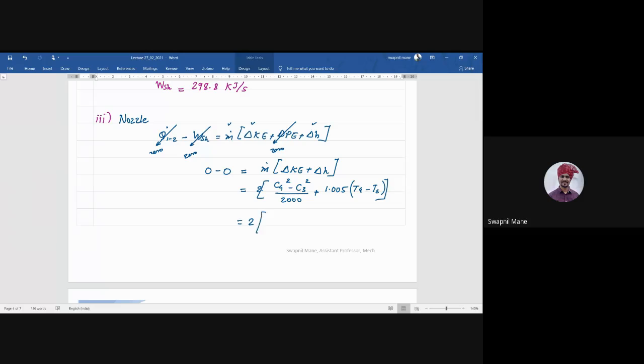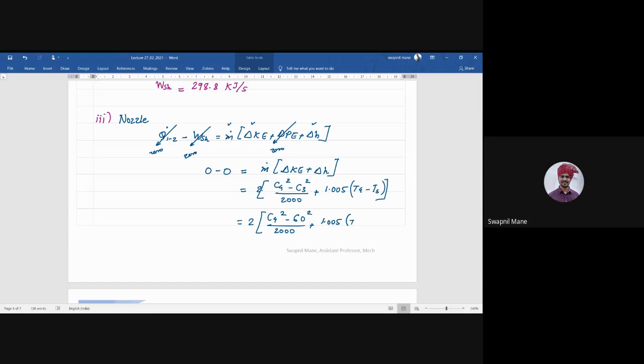So if you substitute, C3 is how much? 60 square, right? 60 square by 2000 plus 1.005. What is the temperature at the outlet of the nozzle? 773 in Kelvin. Yes, sir.